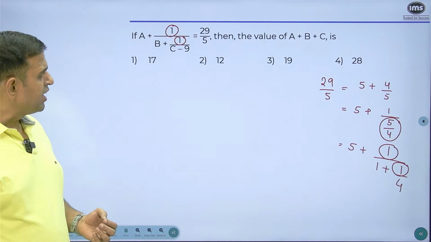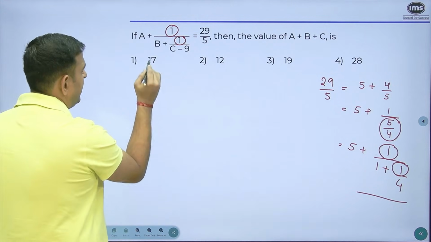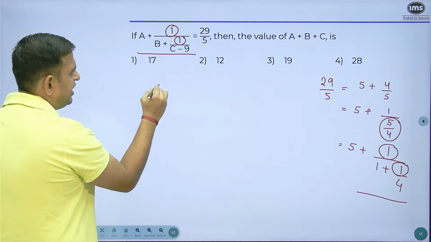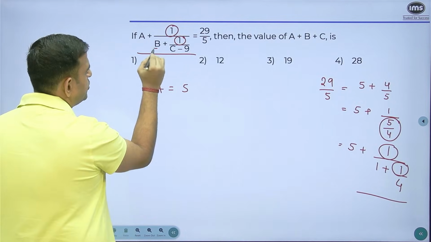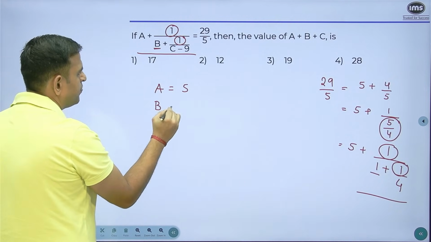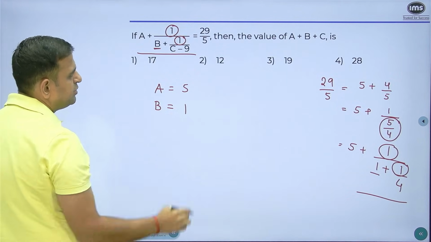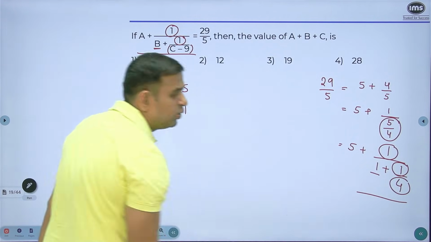If I do a comparison from this part and the left hand side, clearly I can say A must be equal to 5. If I compare this, B must be equal to 1. And then this part over here, C minus 9 should be equal to 4.